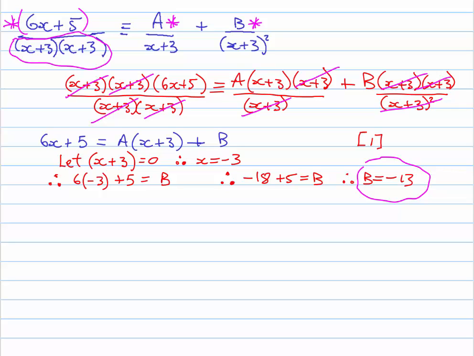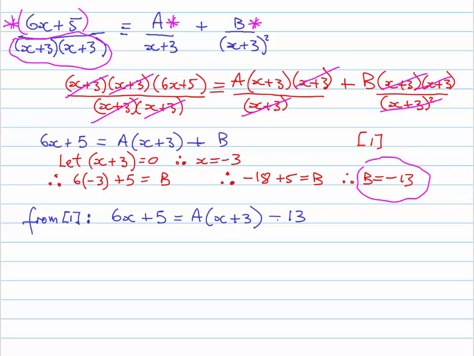Surely we can sub B equals minus 13 into equation 1, and that will give us a value for A. So from equation 1, we can say 6x plus 5 equals A times x plus 3 plus B, which is minus 13. So plus minus 13 is minus 13.